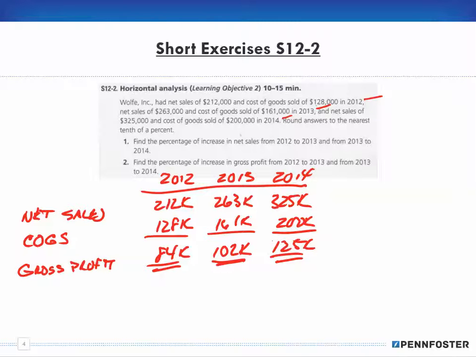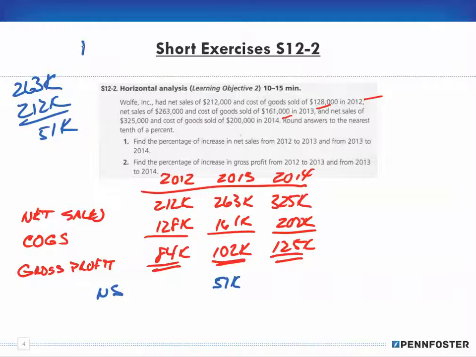So to go from 2012 to 2013 for my net sales, the difference is 263 minus 212, which gives me 51. So I have a 51,000 increase in 2013.